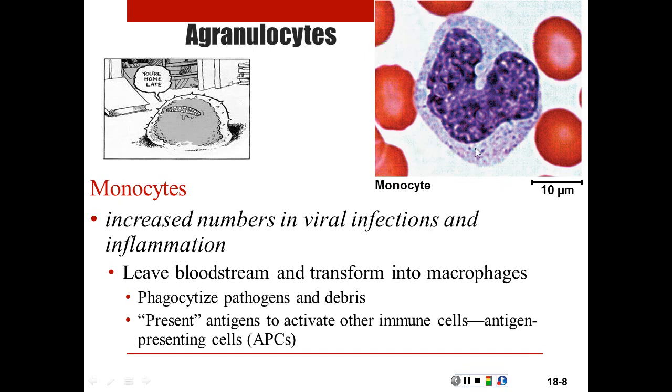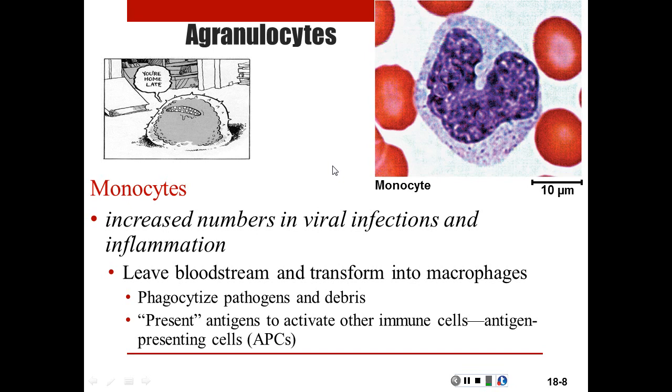Now the cytoplasm is abundant and contains sparse fine granules. In slide preparations, the monocyte often assumes sharply angular to spiky shapes. Monocyte count rises in inflammation of viral infections.